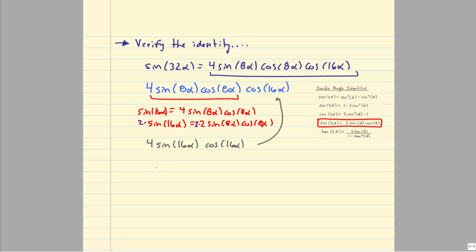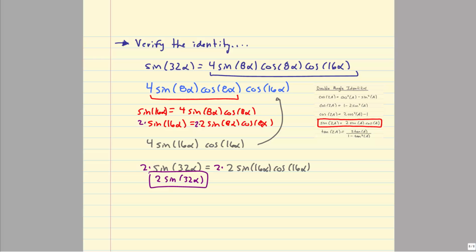This is going to be sine 32 alpha because I double here on the left, equal to 2 sine 16 alpha cosine 16 alpha. But again, I don't want a 2, I want a 4, so I have to multiply both sides through by 2, and I end up with 2 sine of 32 alpha is how this simplifies.